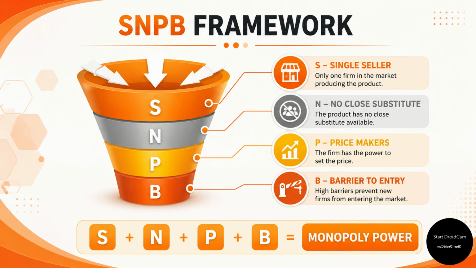Unlike a perfectly competitive firm, a monopolist has considerable power to influence the price. And B stands for barrier to entry. There are strong barriers preventing new firms from entering the market. So remember, S plus N plus P plus B equals monopoly power. Let's look at each characteristic more closely.